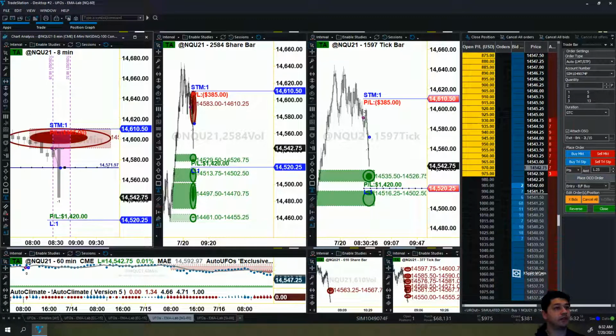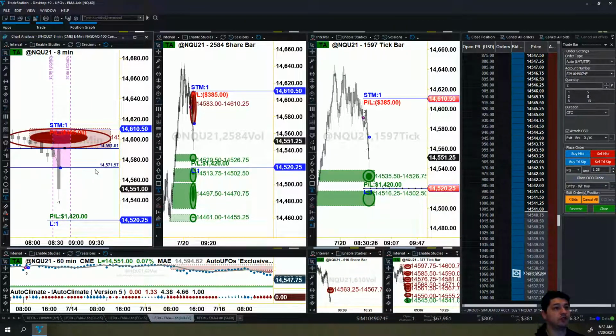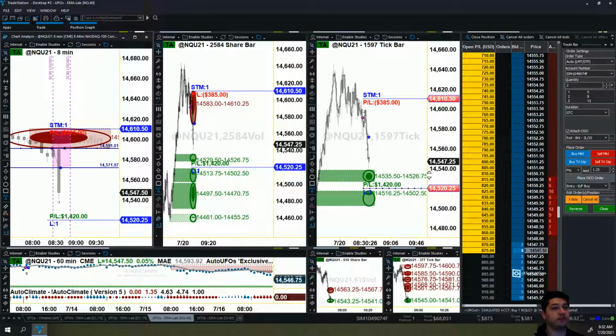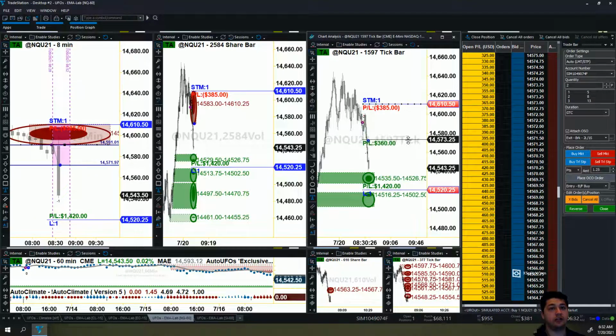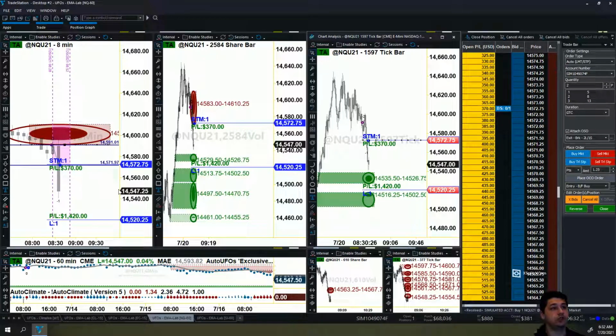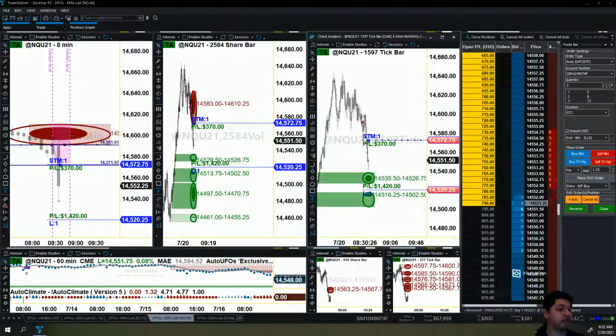Something that I didn't even get a chance to mention here is the fact that if it goes too far too fast, I'm going to go ahead and move my actual stop down to here at 14,571 where we had our T1 hit, mainly because this market is moving too fast. I don't want to leave too much money on the table, so I'm just going to go ahead and do that.